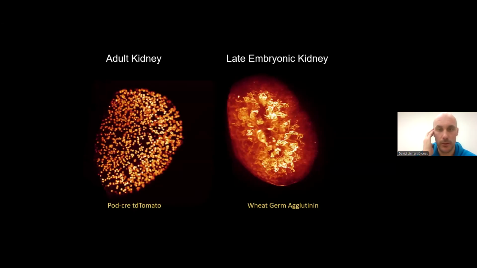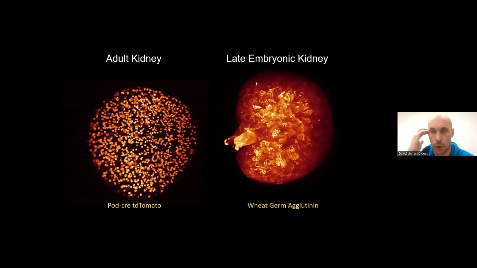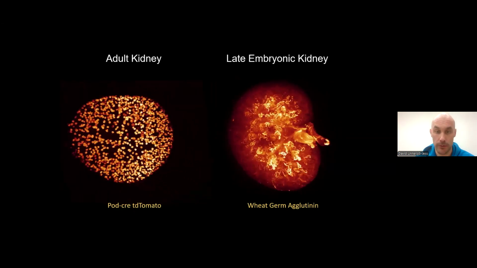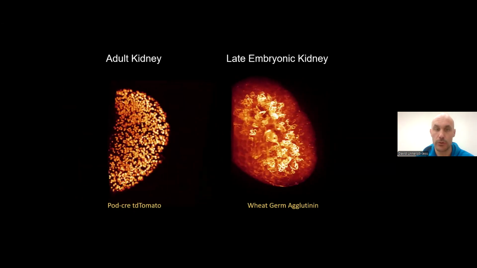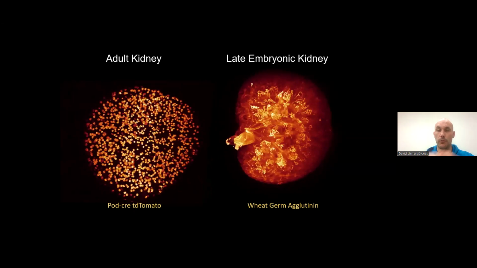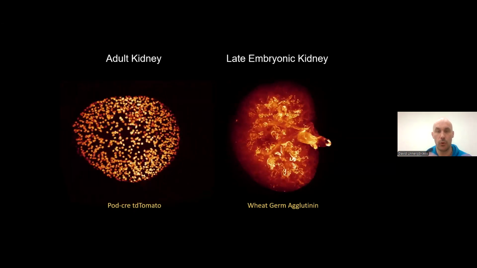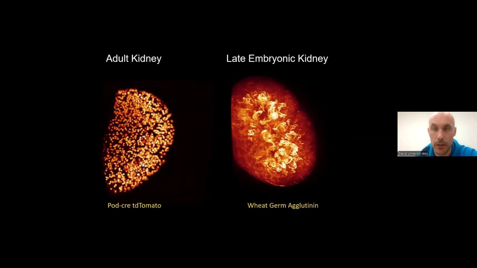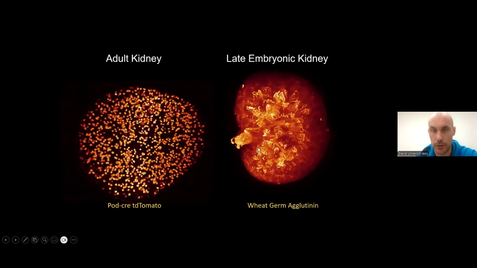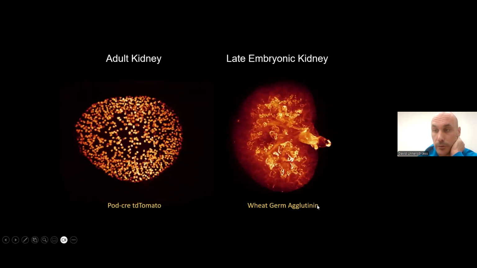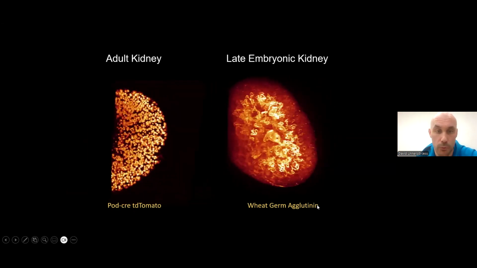So for optical clearing, of course, as you know, the end goal is then to be able to image your sample volumetrically. So you don't have to section the sample, you can image the whole sample at once. So these images are acquired here in our lab at the light sheet facility that Stephen Edwards is running.